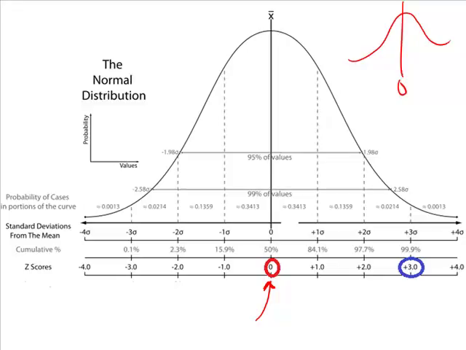It's set to have the 50th percentile. It's set to be the most frequent observed number. And as we go out in the positive and negative direction, we're going to go out to about -4 to +4.